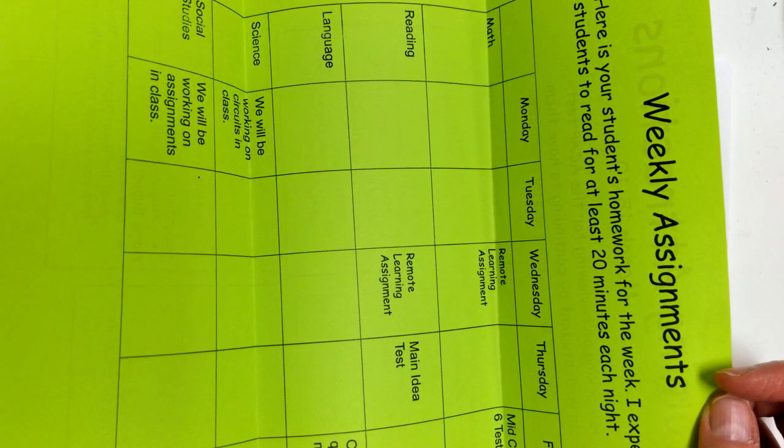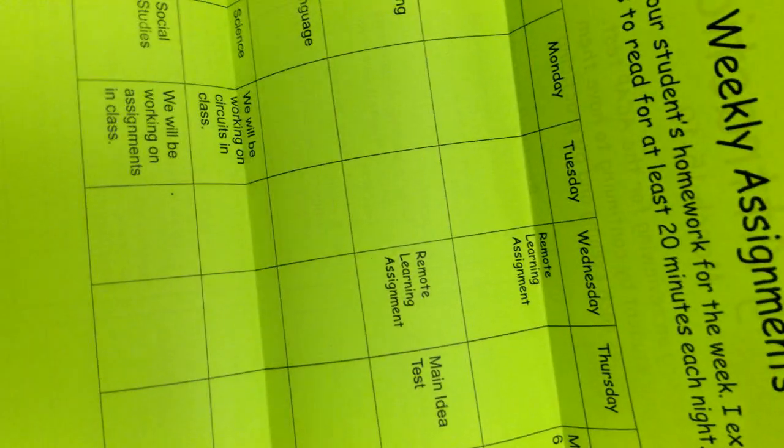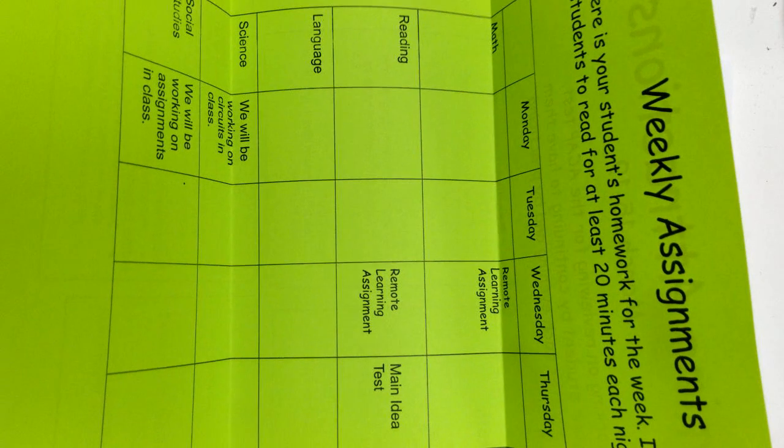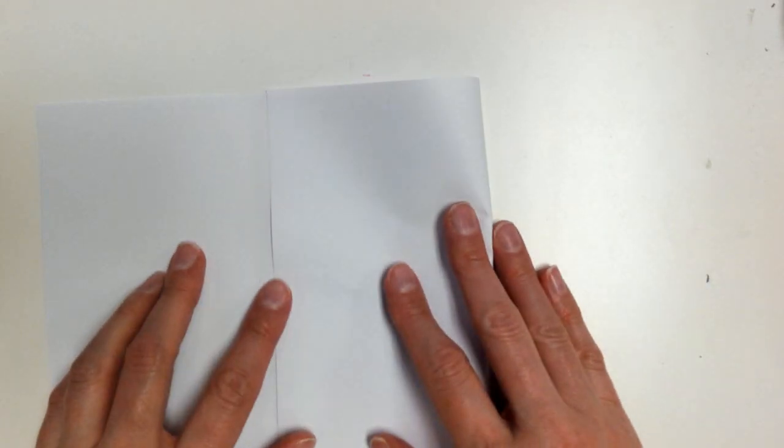Well, no, you're folding it the long way. You can do it the long way, that's okay. So when you're done, you should have 3 sections of your paper. So this piece of cake is divided into thirds.